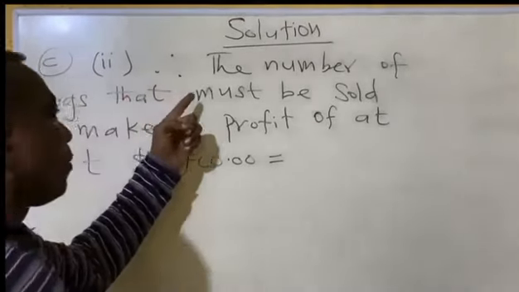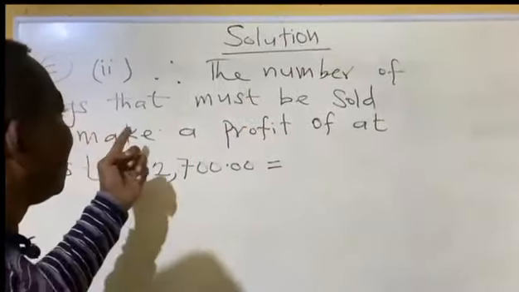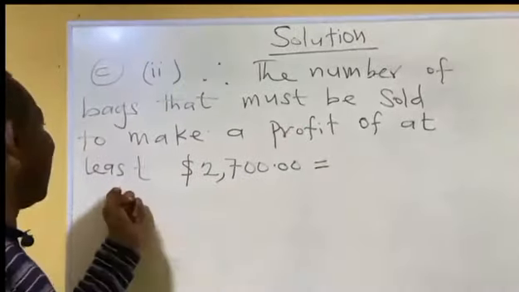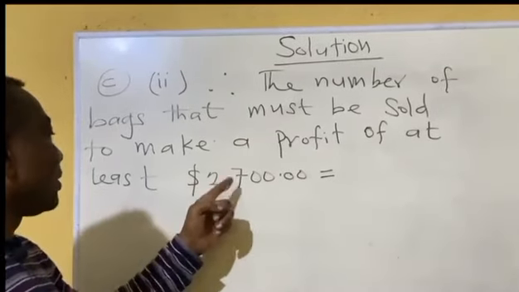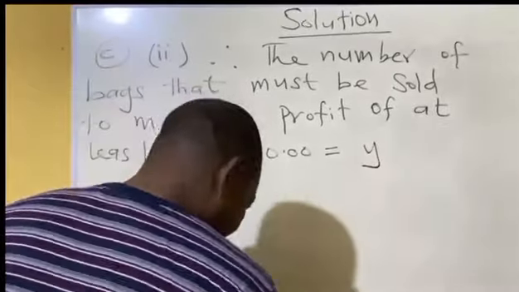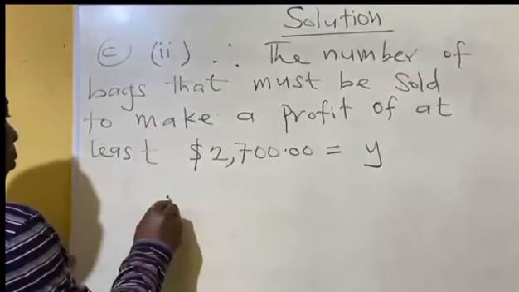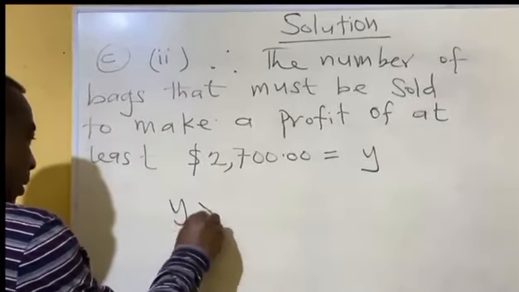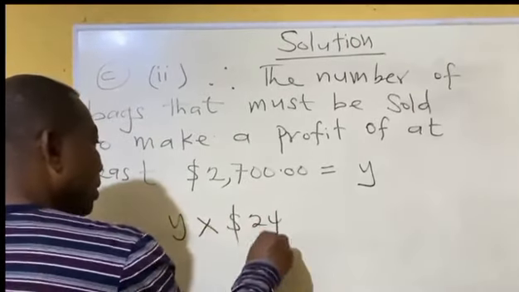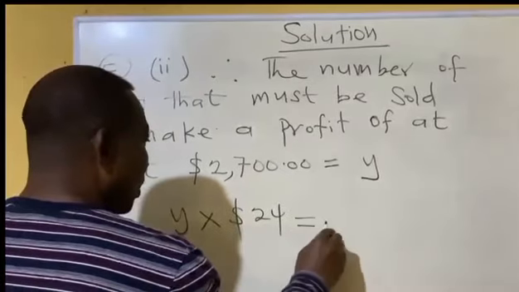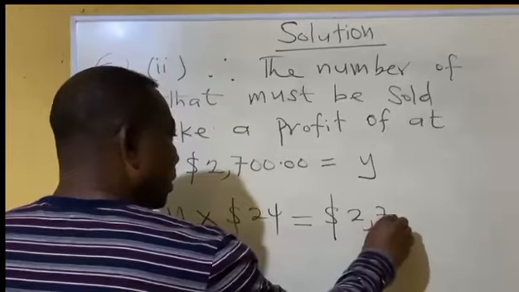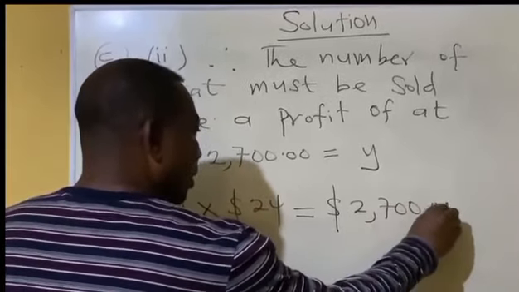Therefore, let the number of bags that must be sold to make a profit of at least $2,700 be Y. So Y times the profit of $24 will give us $2,700.